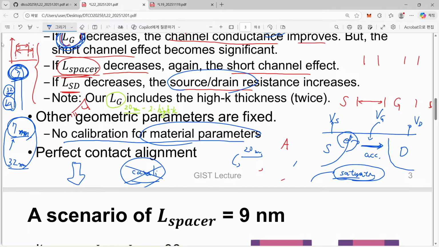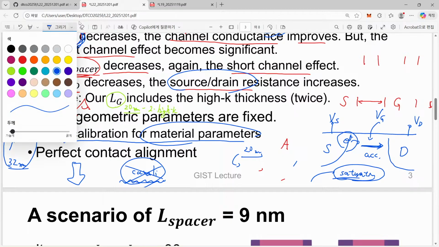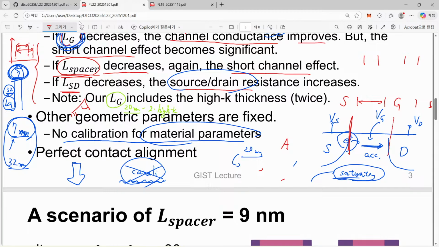That effect is considered in this Canali model. But the problem is, now we have a really short device, and the mechanism to support this saturation phenomenon is a sufficiently large number of scattering events between electrons and scatterers.